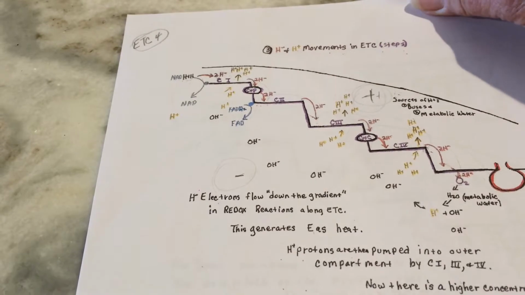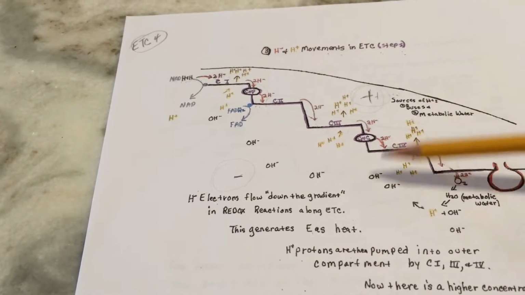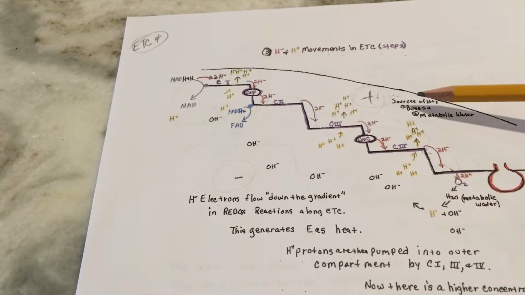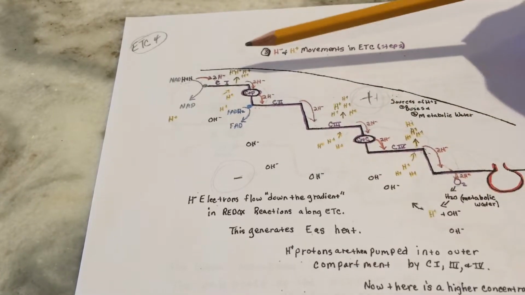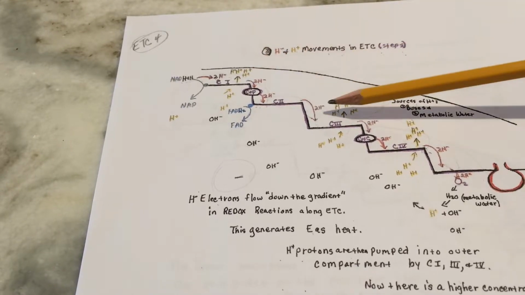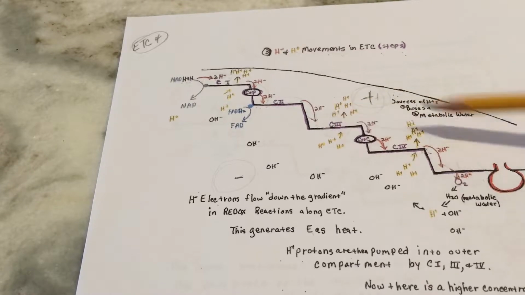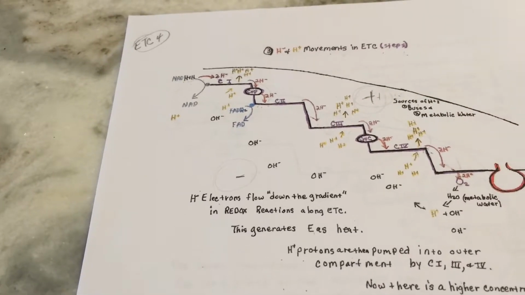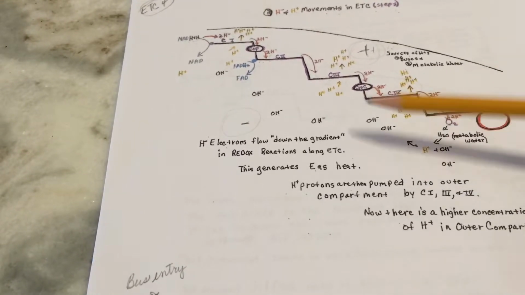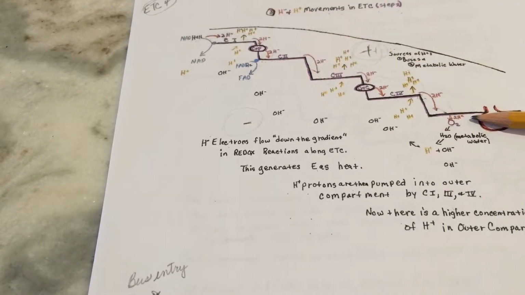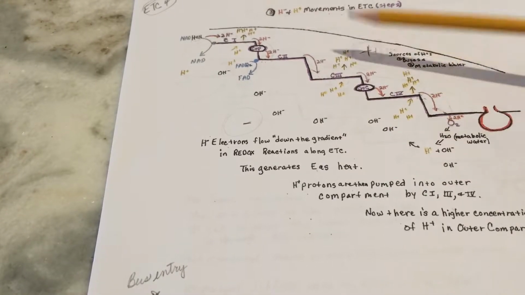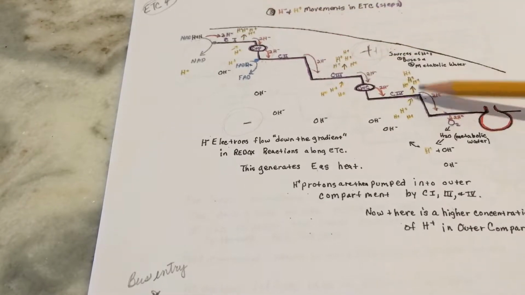The protons are pumped from the inner compartment, rather, to the outer compartment, and they're pumped out at complex 1, at complex 3, and at complex 4. So, hydrogen electrons go down the gradient. Hydrogen protons are pumped out at C1, C3, and C4.